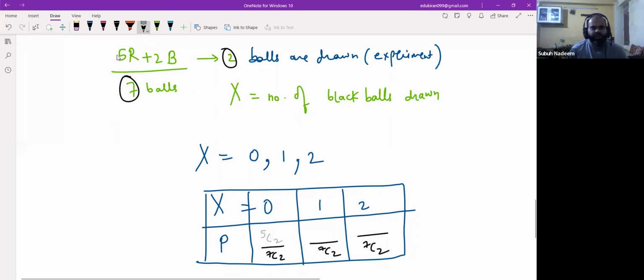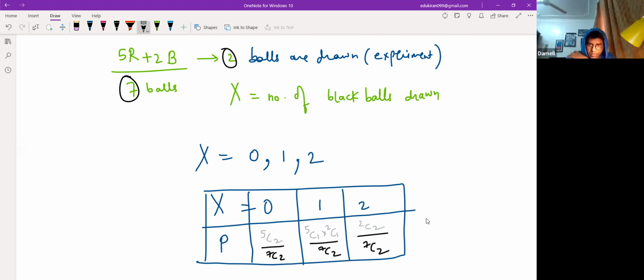So out of five red balls, you will take one red ball in 5C1 ways, and out of two black balls, you can take one black ball in 2C1 ways. Similarly, if we are taking two black balls, the number of ways is 2C2. So this is how we do this. Is it okay? Yes, sir.